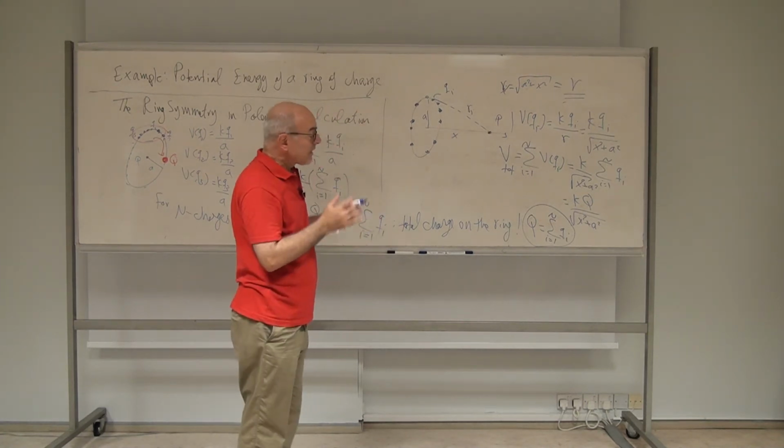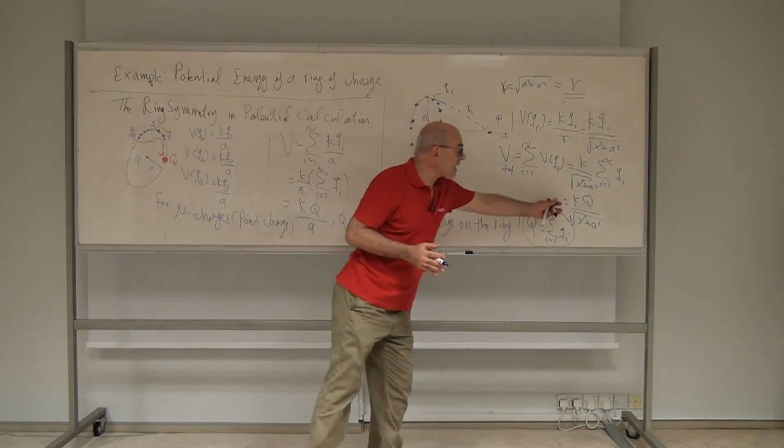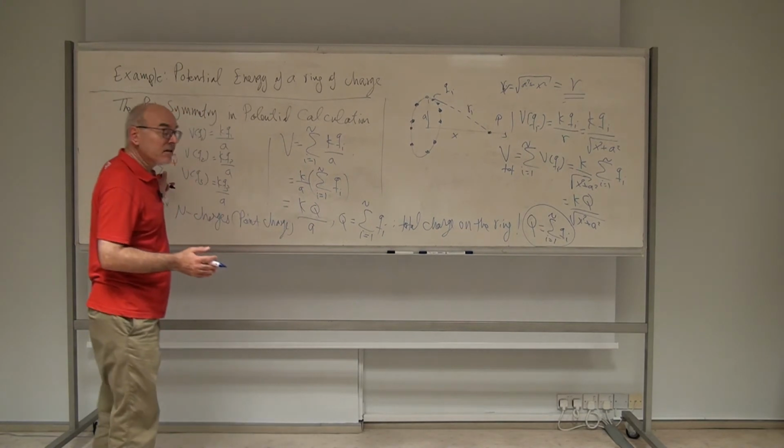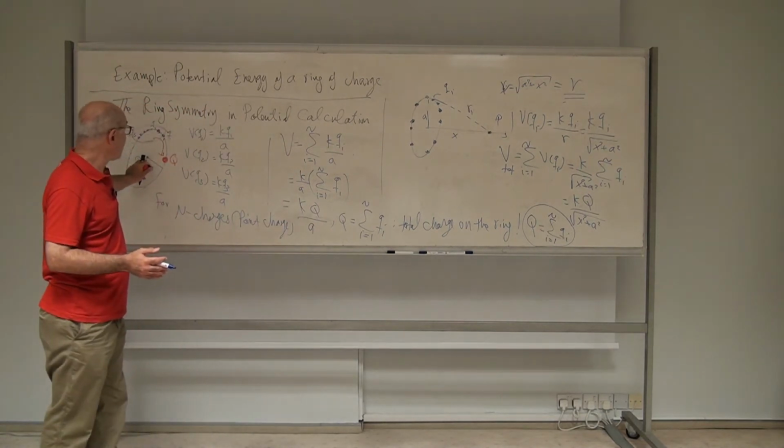And therefore, this is exactly the same as the result that we derived here for the potential at the center of the ring.